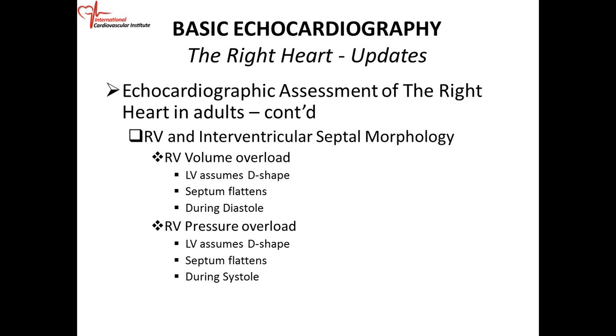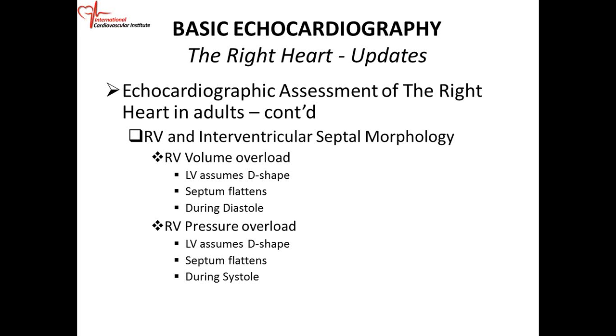And the LV assumes the D shape because the increased volume pushes the septum towards the left. So that becomes a straight line, okay? And then you have the LV bulge on the lateral side. So it looks like a D shape.